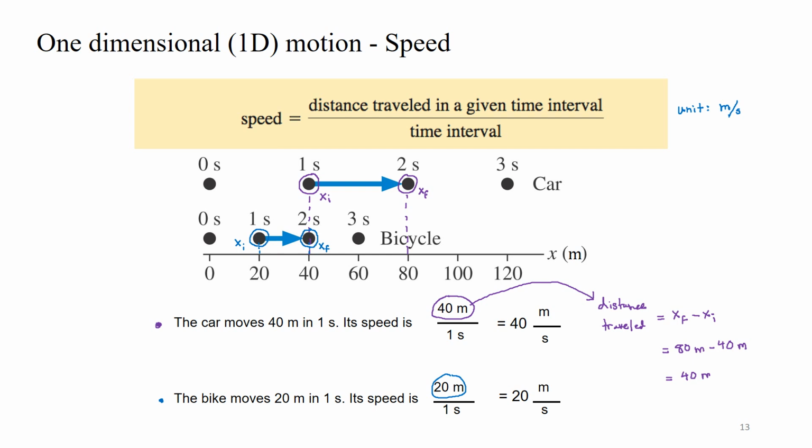And when you do x final minus x initial, you are doing 40 minus 20, for the bike. And that gives you a distance traveled of 20 meters.